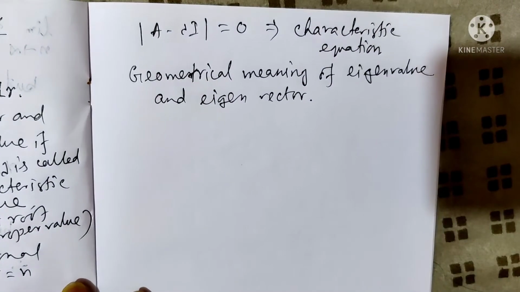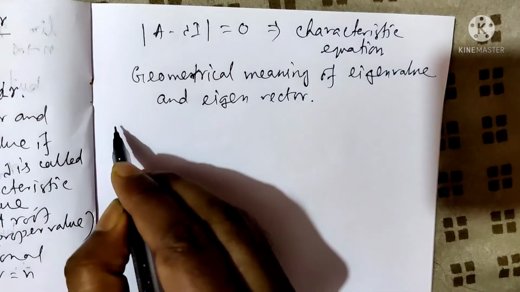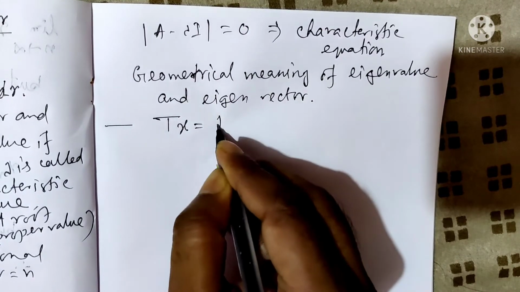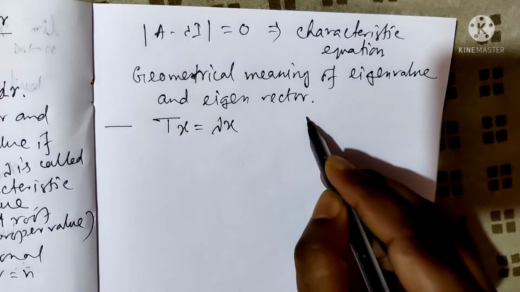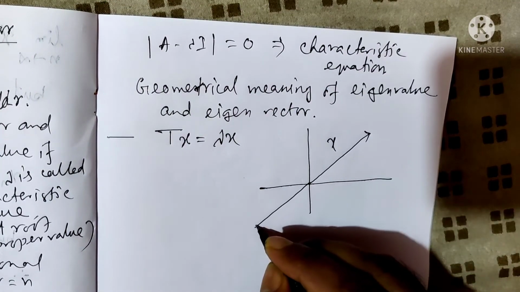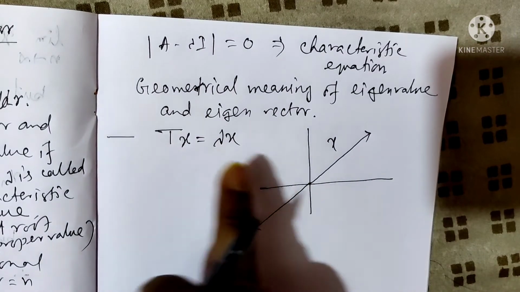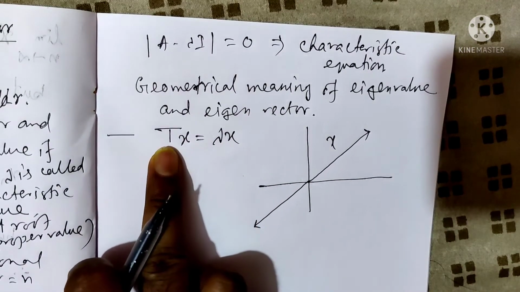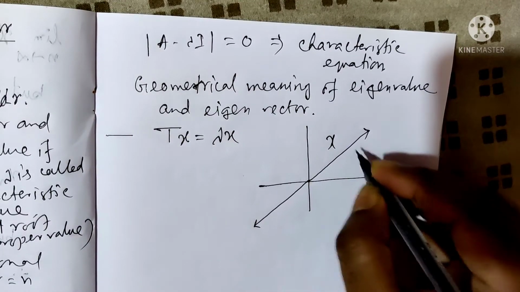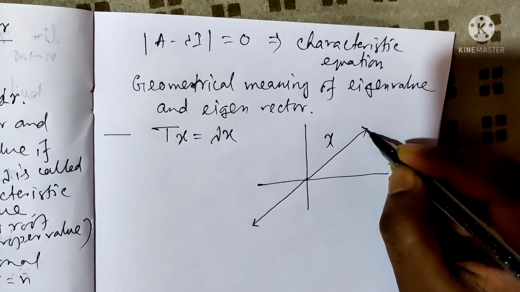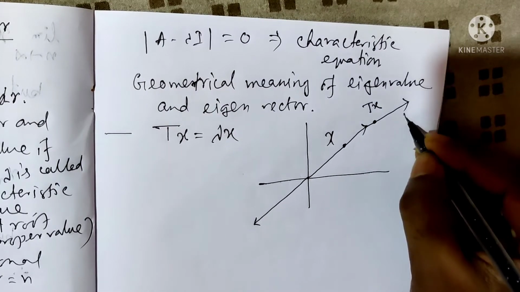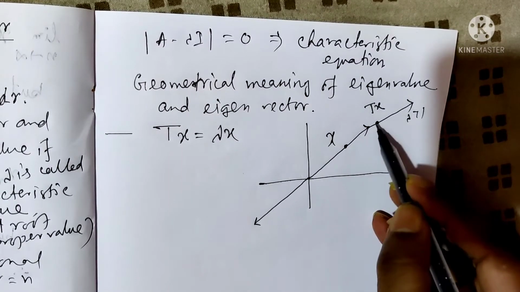Now, what is the geometrical meaning of eigenvalue and eigenvector? Since T of X equals lambda x, applying T we have T x as a multiple of lambda x. If lambda is greater than 1, then X goes to T x.